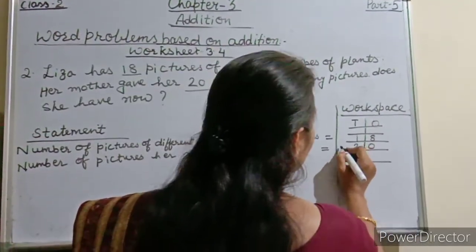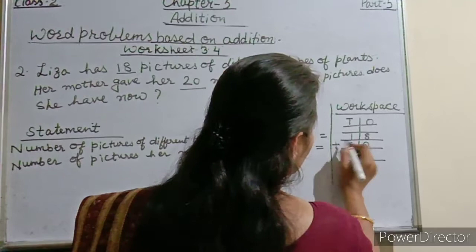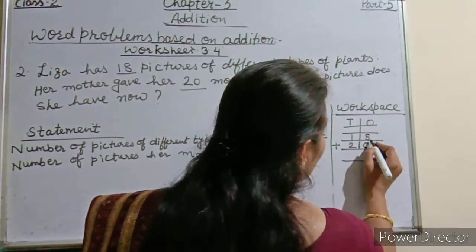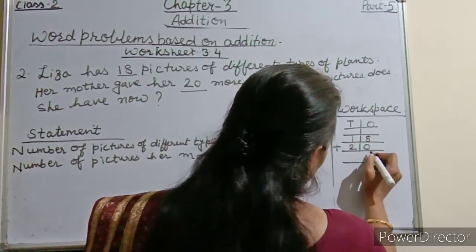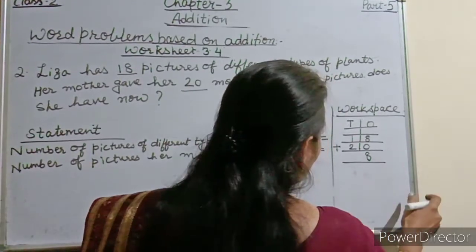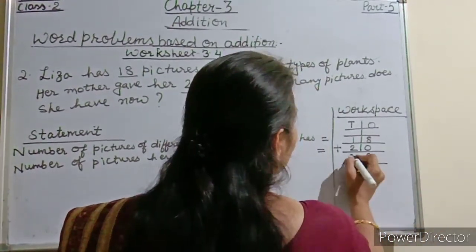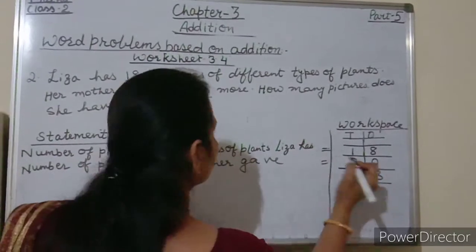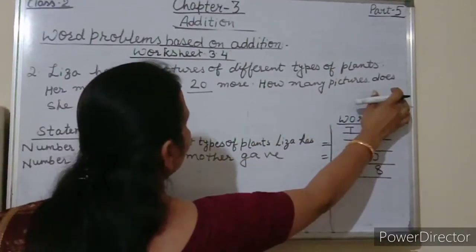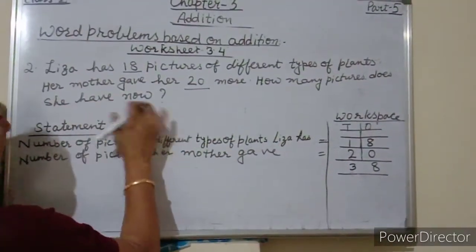How many pictures does she have now? So what we will do here? We will add these numbers. See, 8 plus 0, very good, is equals to 8. And 1 plus 2, 3. So how many more pictures does she have now?